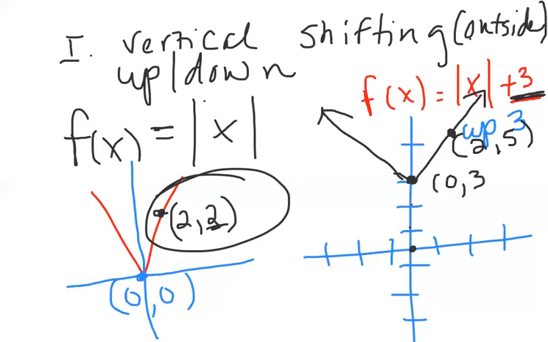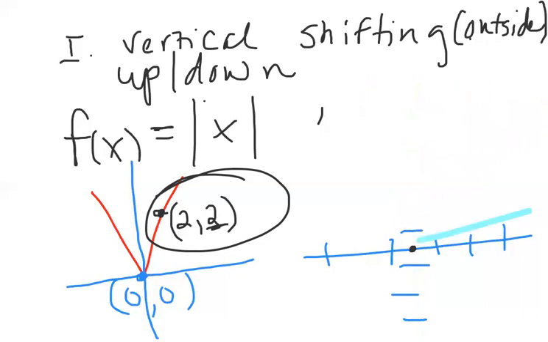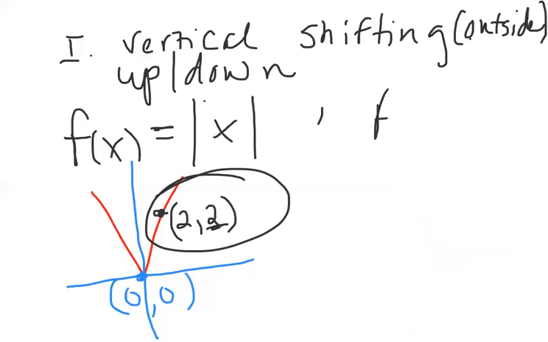So let me go ahead and show you a different example, all right? This time around, let me do f of x, same absolute value function, but this time around, it's going to move the function down. So I have f of x is equal to the absolute value of x minus 2.